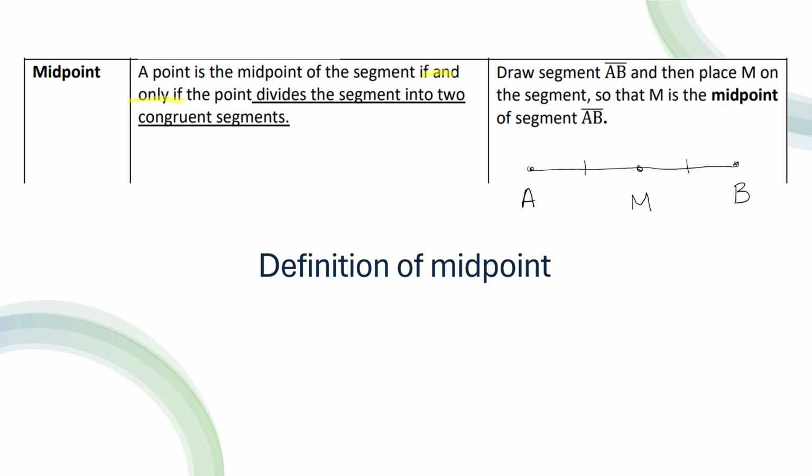Or the length of AM. So I could say AM is congruent to MB. Or I could say AM equals MB. Without the little bar on top, it means the length of AM is equal to the length of MB.